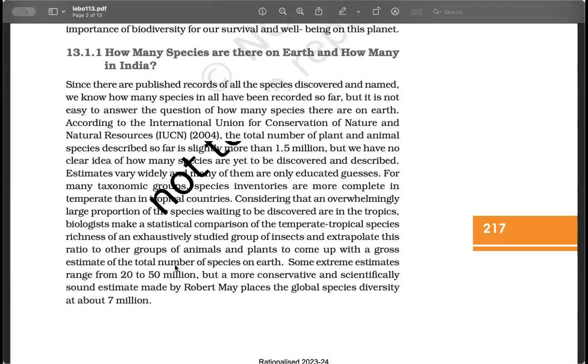So the dominance of mammals, which we now see in almost every ecosystem, the apex predators, the majority of them are mammals. Whether you talk about a grassland ecosystem or a desert ecosystem, you will see the best fitting organisms or the best fitting predators are mammals.